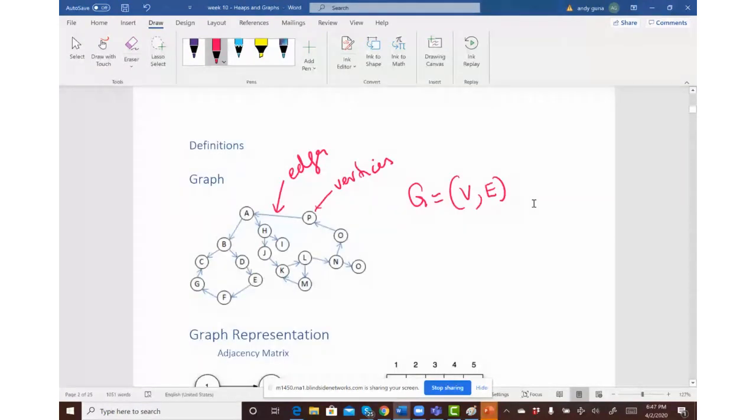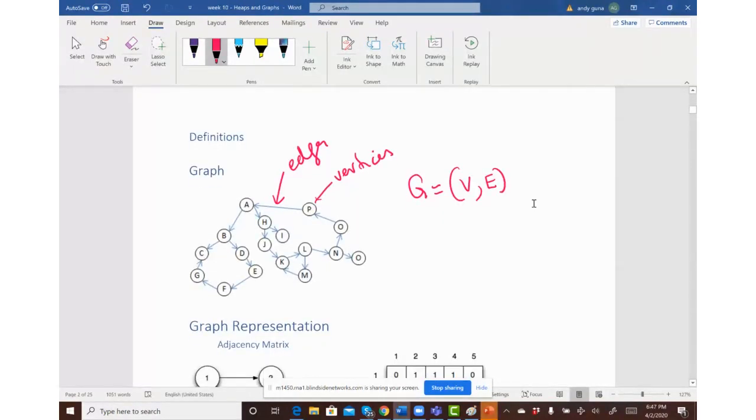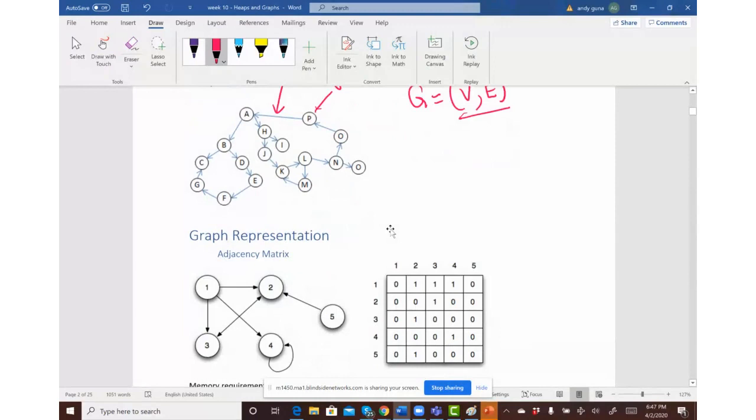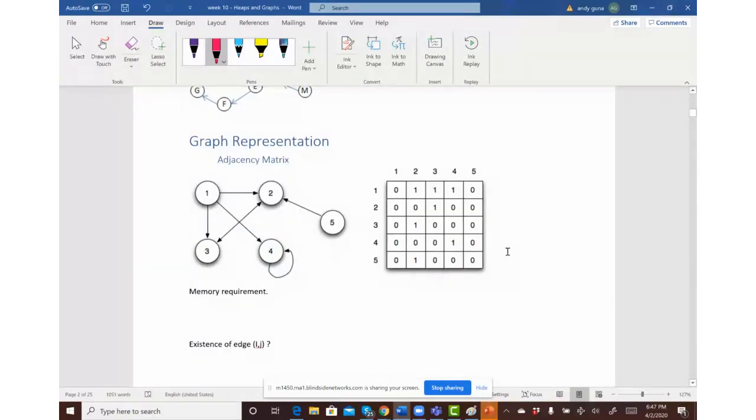So we started defining a graph as a set of vertices and a set of edges. And so then the next thing that we need to talk about is representing a graph using what we call an adjacency matrix. You might ask, how do you represent this graph on a computer?